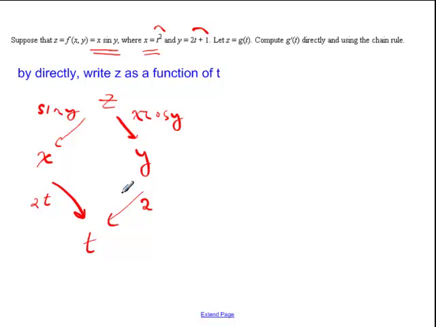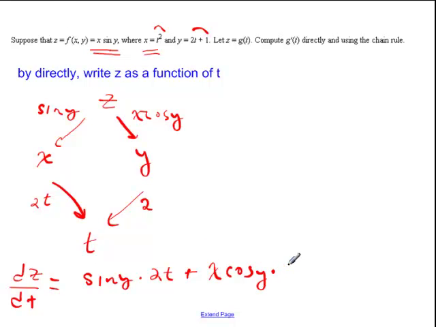So therefore, we would get that dz/dt equals sine of y times 2t, plus, so that was multiplying down this line, and then multiplying down this line, plus x cos of y times 2.